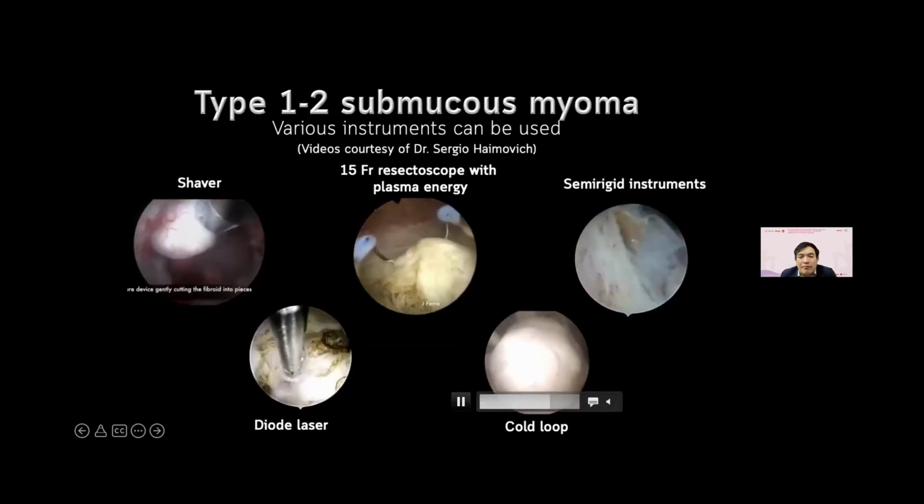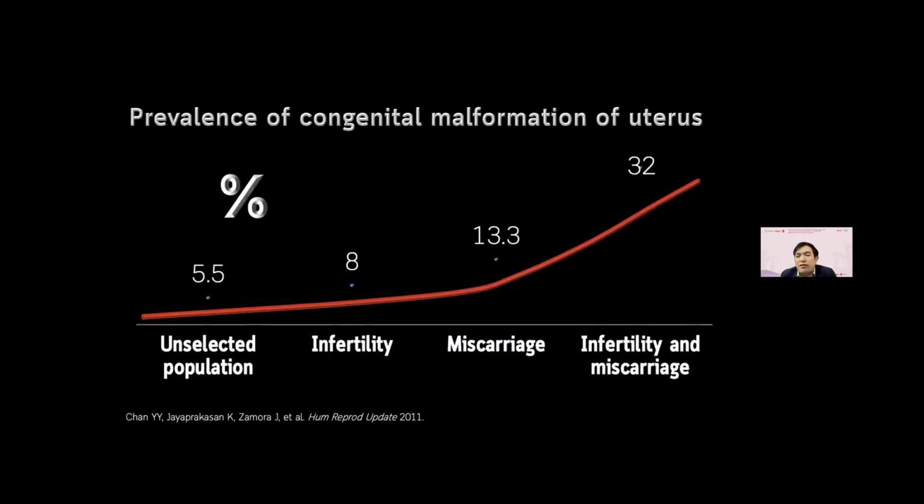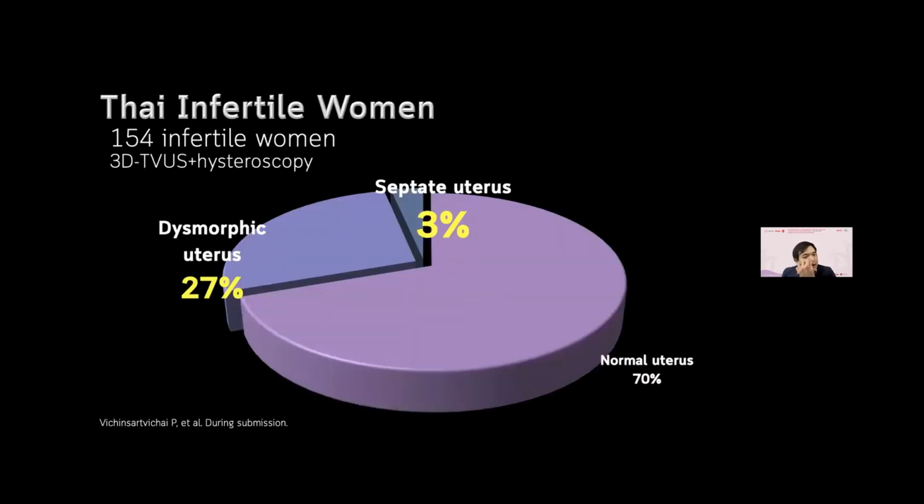And nowadays, from my data, there are a lot of congenital malformations of the uterus in infertility patients. We found it more than before. In Thailand, we found about 30% of cases have a congenital malformation, and mostly it's the dysmorphic uterus and some septum.